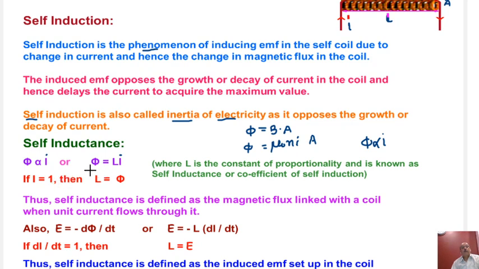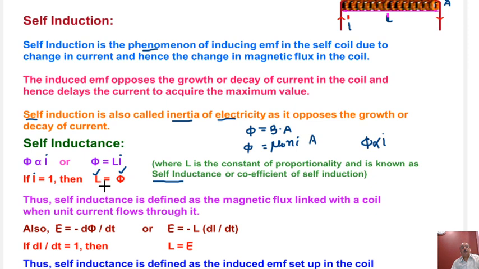Here L is called the self-inductance or coefficient of self-induction. So self-inductance is denoted by L. If current I is 1 ampere, then L will be equal to phi.